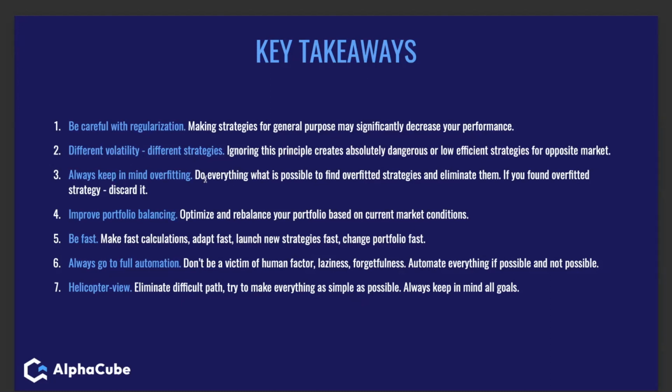Always keep in mind overfitting, because it's the main problem and main enemy for all algo traders. For the last 12 years I have dealt with the overfitting issue, and I performed different experiments and research regarding how overfitting could be eliminated. So I think you always need to keep it in mind.